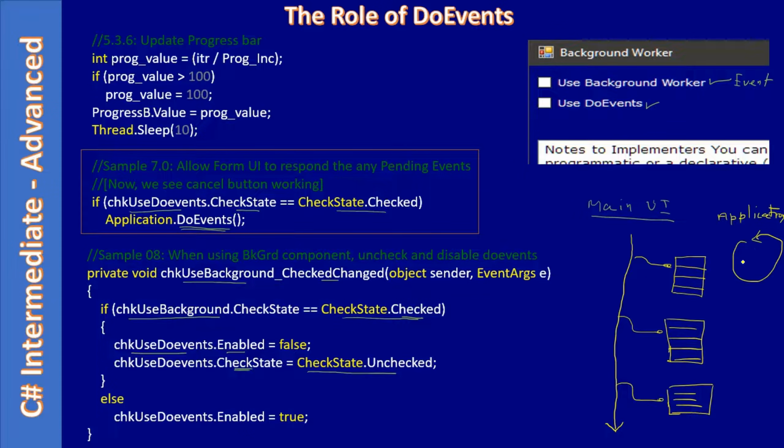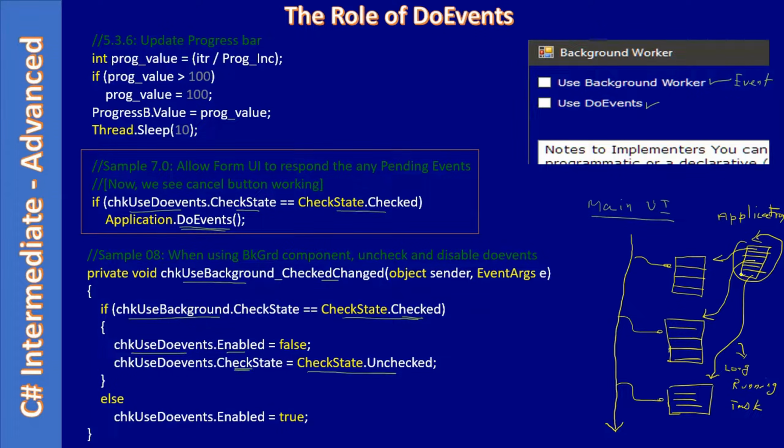So this will be the application, and it will have an event dispatching mechanism, and it dispatches the events, and those events run in the main thread. And let's say this last one is the long running task.